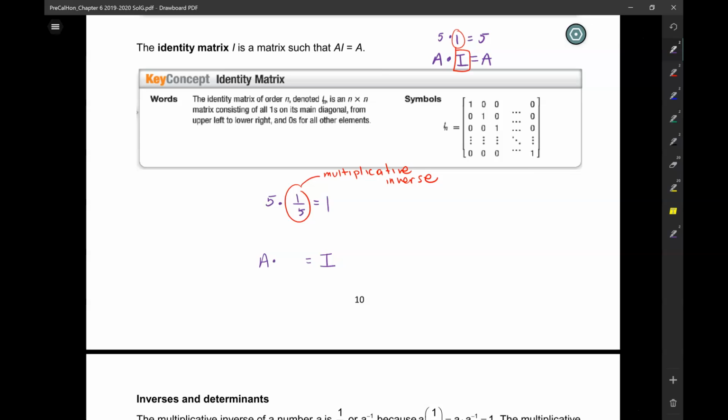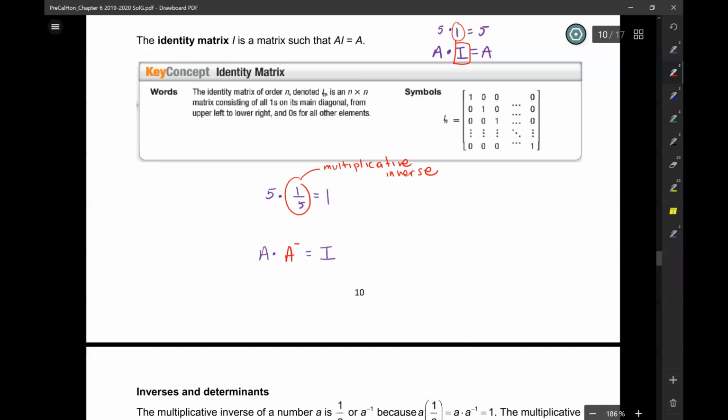Well, what can I multiply a matrix with to get the matrix equivalent of 1? Well, not 1 over. There is no such thing as 1 over, but it is the inverse. It's the inverse of the matrix. A inverse.